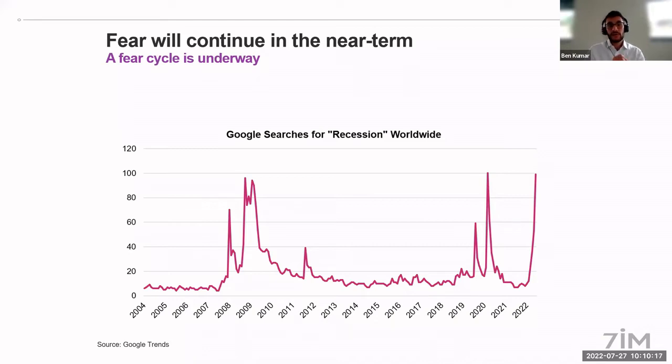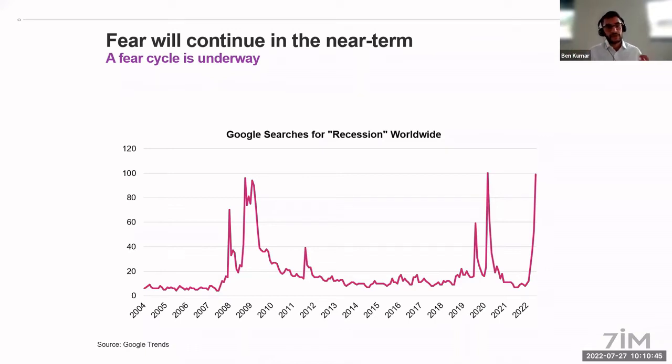And you can see that the last time we had fear about a recession, in the general public consciousness, was 2020, obviously with the pandemic, and before that, back in 2008. When people are scared, it takes time before their minds change. And it will take a material shift in the economic data for people to, I think, shift out of that fear mentality.